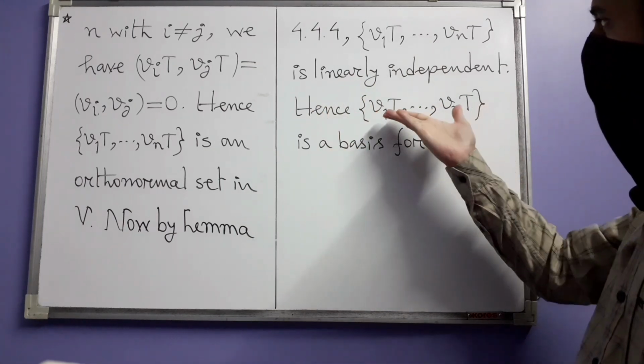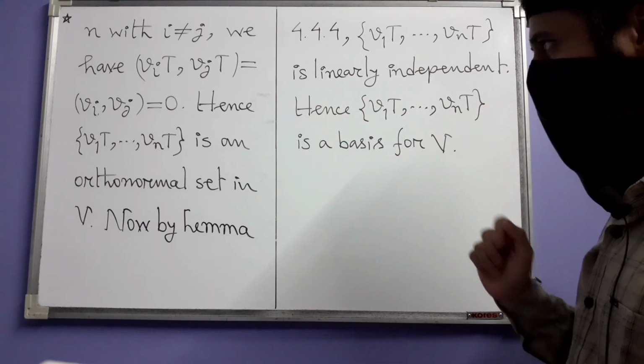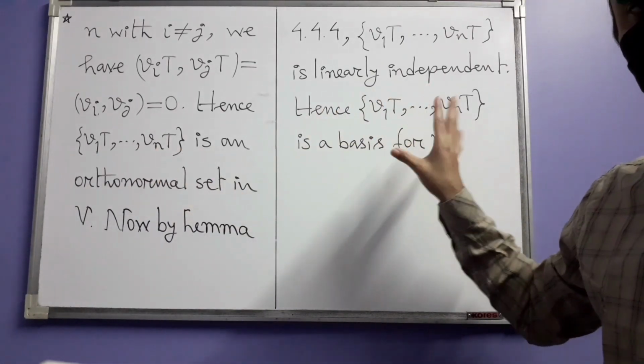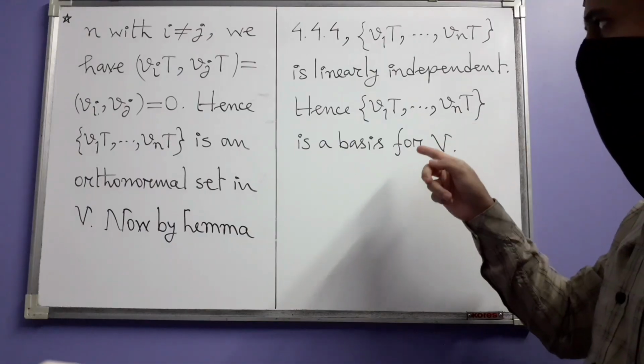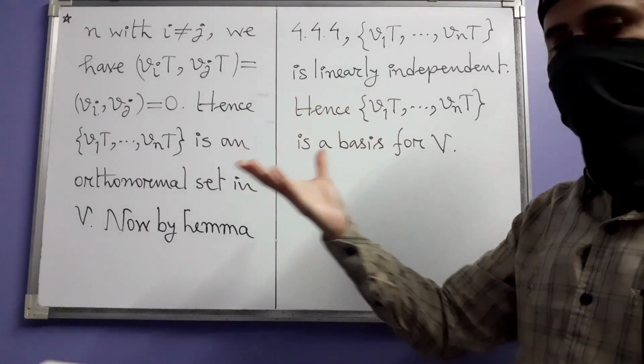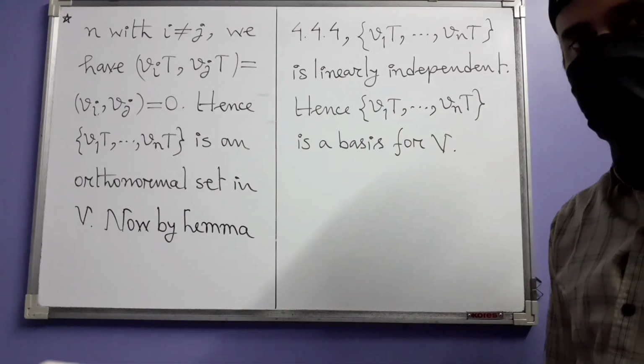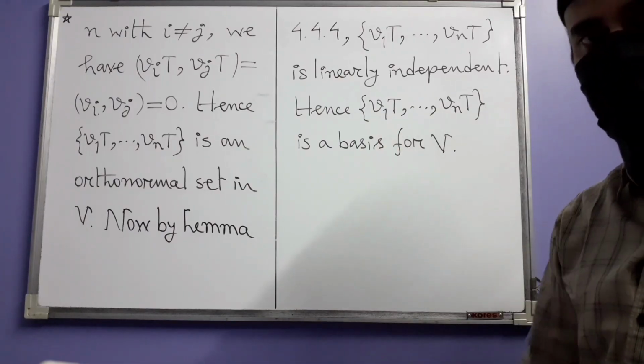So that's how this becomes a basis for V. And because it is already orthonormal, this is an orthonormal basis for V. So T has mapped the original orthonormal basis consisting of the Vi's onto another orthonormal basis. So this is one half of the claim.